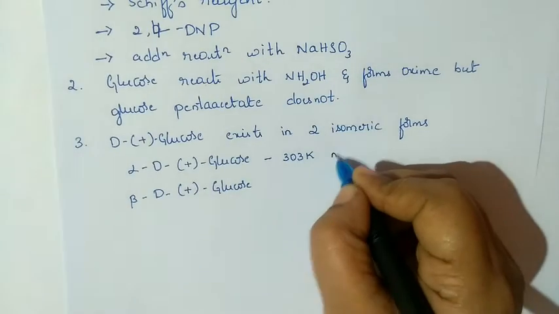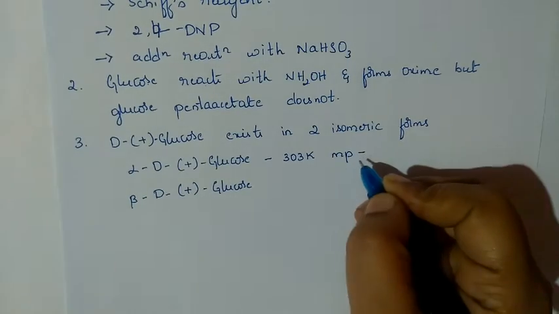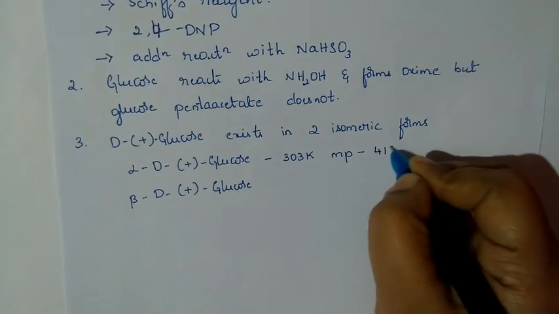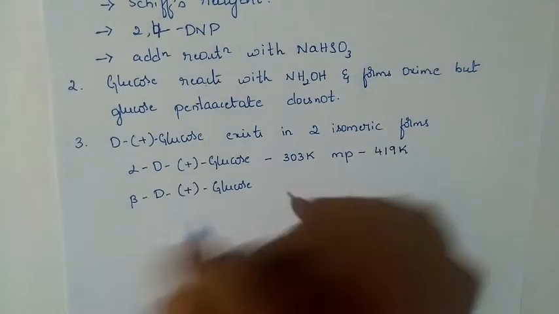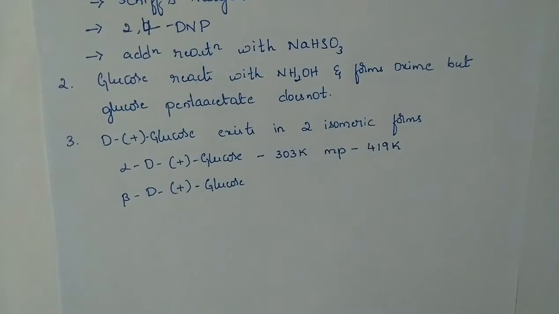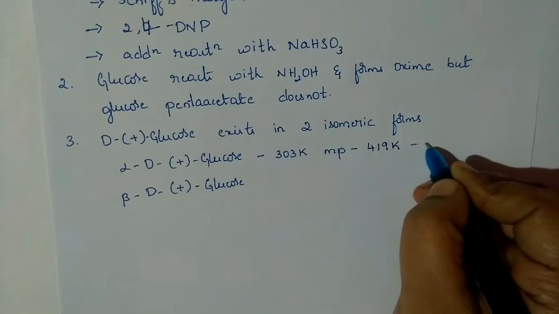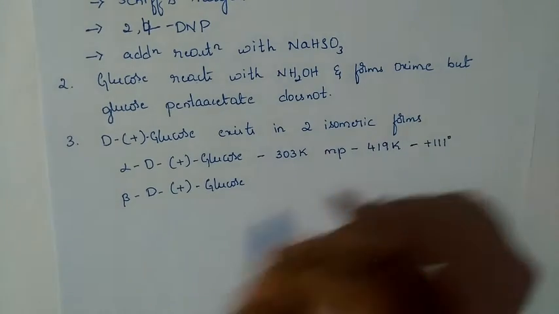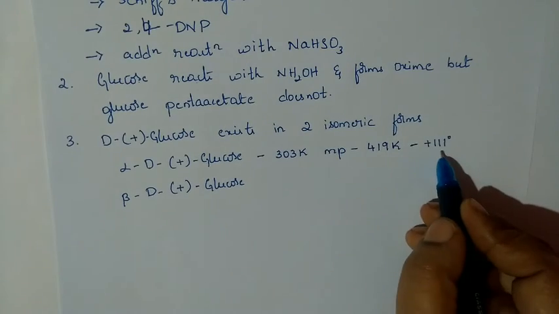The melting point of alpha D glucose is 419 Kelvin. And one more important thing is that it has a specific rotation of plus 111 degree. What is specific rotation?